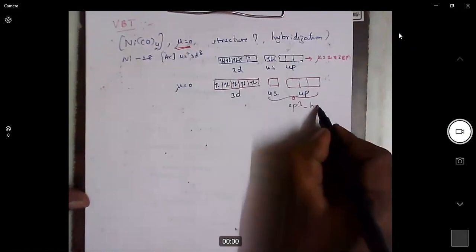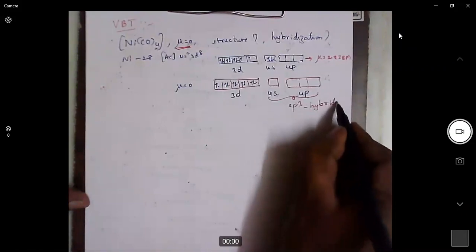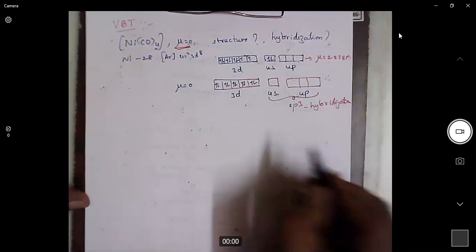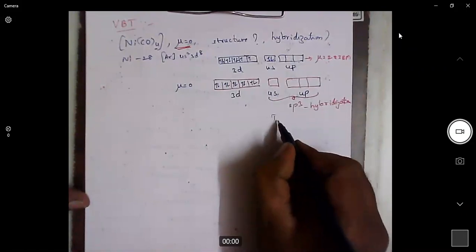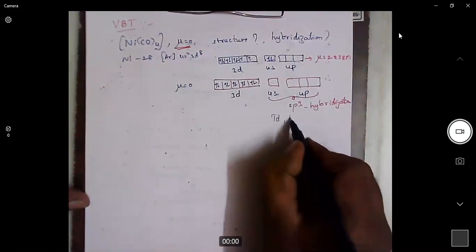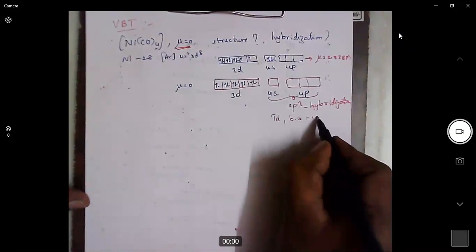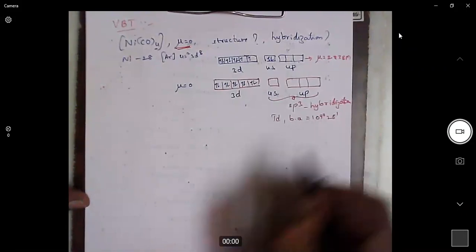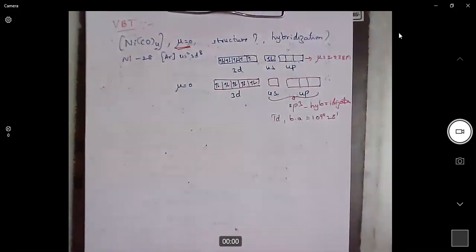With sp3 hybridization, it is tetrahedral geometry and the bond angle is 109 degrees 28 minutes. So this is how we need to predict the structure and hybridization using valency bond theory.